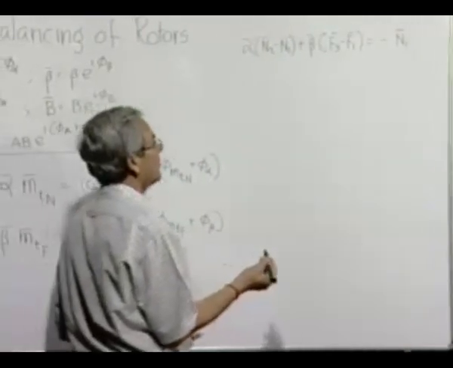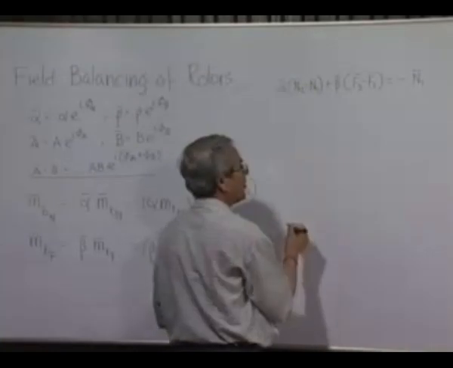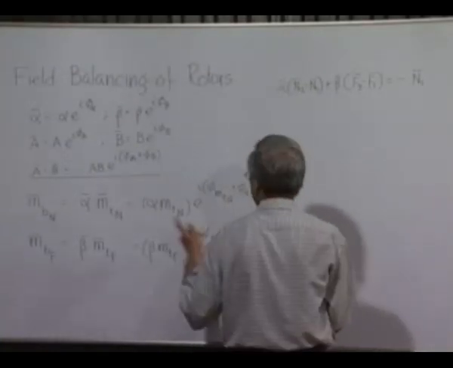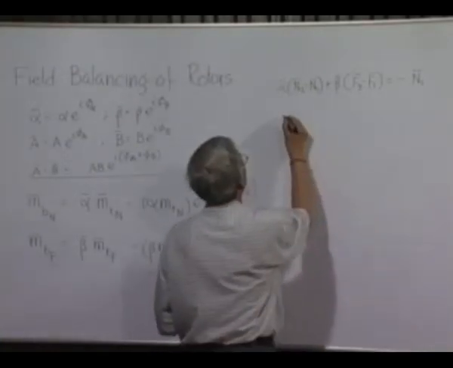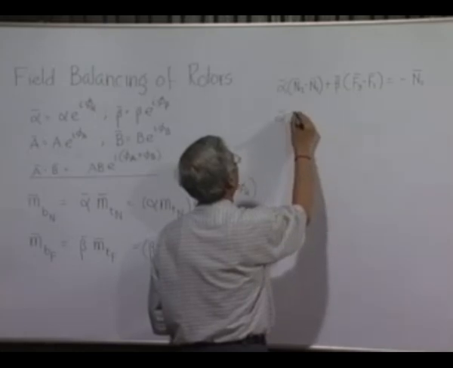Similarly, what will be the effect of MBN at the far end? It will be alpha into this.